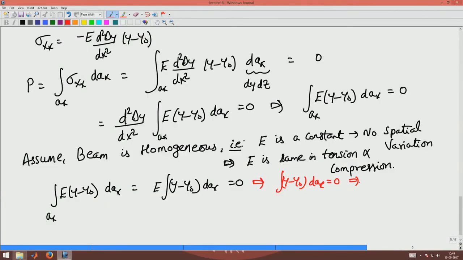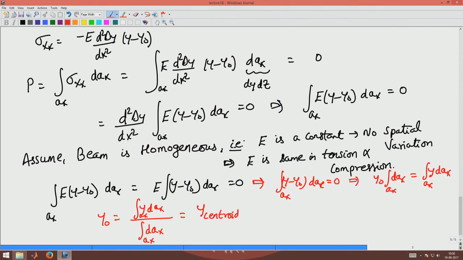Now, this will imply y naught times the integral of dAx must be equal to the integral of y times dAx, or y naught is given by the integral of y dAx divided by the integral of dAx. What is this? The integral of y dAx divided by the integral of dAx is nothing but the y component of the centroid of the cross section.